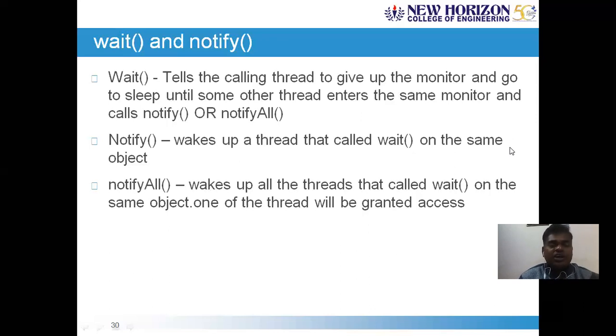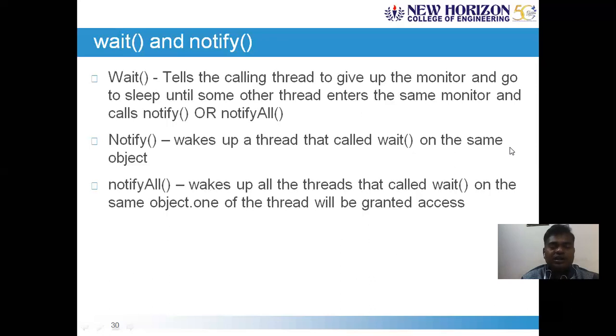And the next method to be discussed is notify all, which is used to wake up all the threads that called wait. Take a scenario where 3 threads are running. If wait is called on T1, T2, and T3 together, the main thread will be running by default.